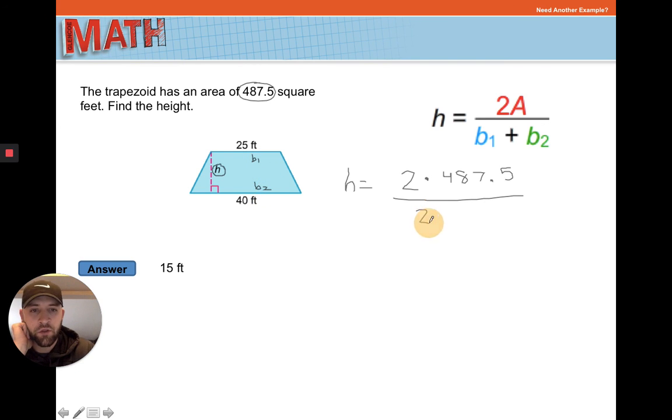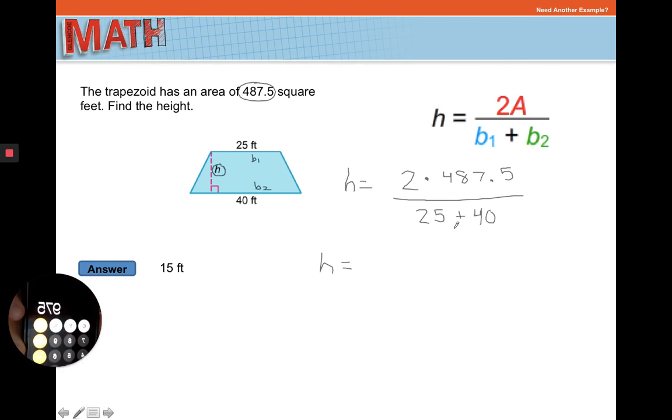So I just do 25 for base 1, and add base 2, plus 40. So your height in this case is going to be equal to, let's solve what's on top. We have 2 times 487.5. If I multiply that, I'm going to get 975.